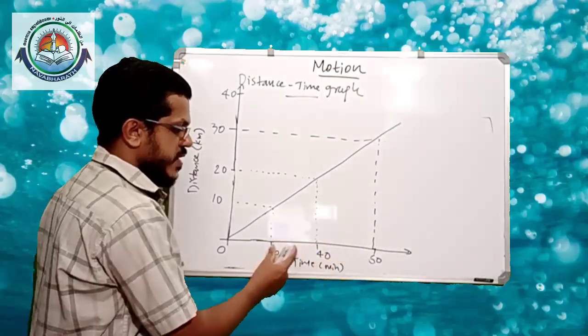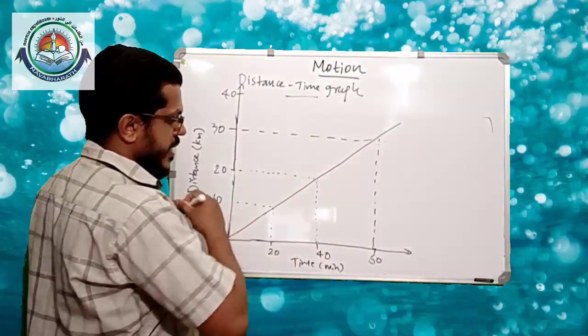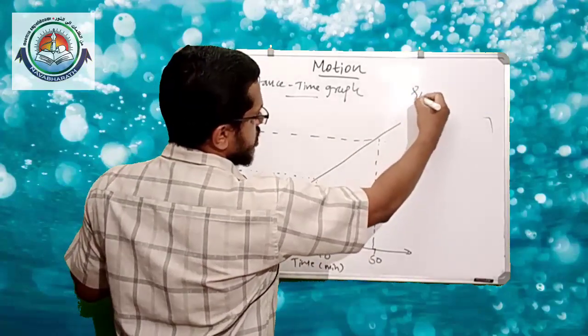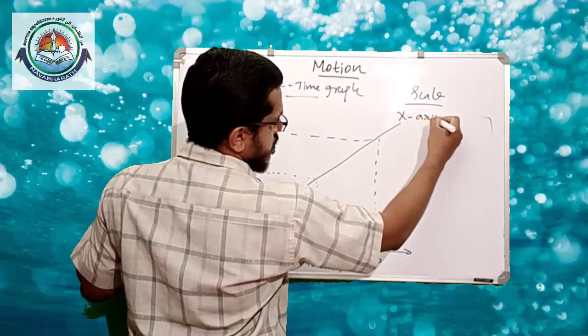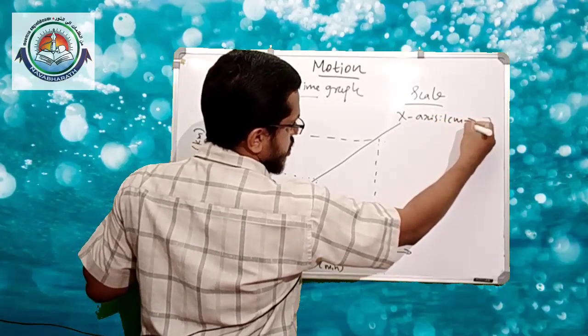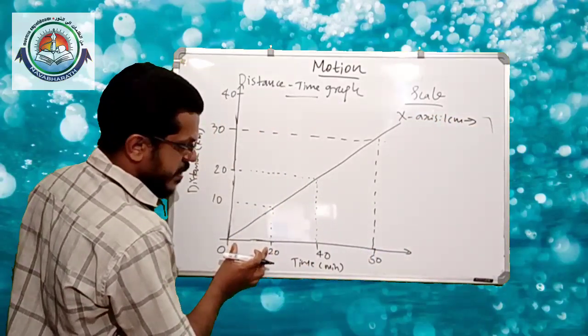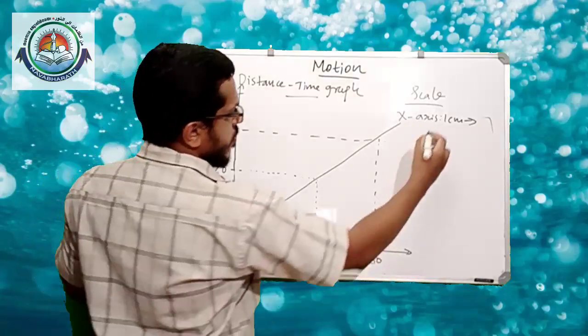Okay, the difference is the scale of the graph. Scale means here on the x-axis 1 centimeter gives 20 minutes.